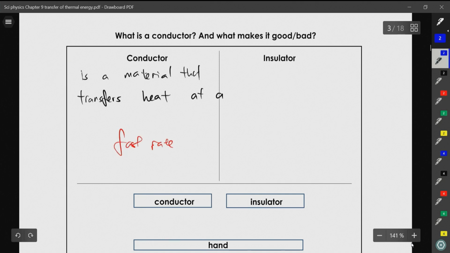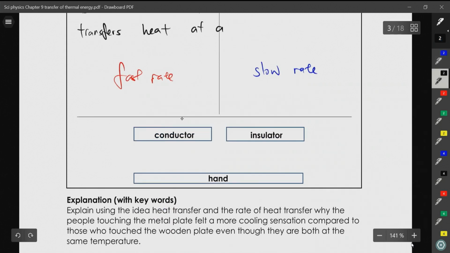And for an insulator, it'll be a slow rate. So two objects, maybe a conductor and an insulator, both can be at like 25 degrees Celsius, both at room temperature, but when you touch one and the other, you realize that one feels colder than the other. Although they are at the same temperature, they transfer heat at different rates.